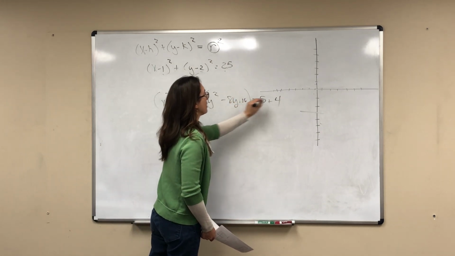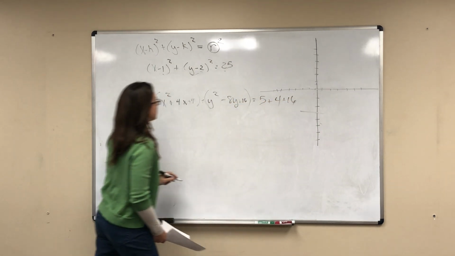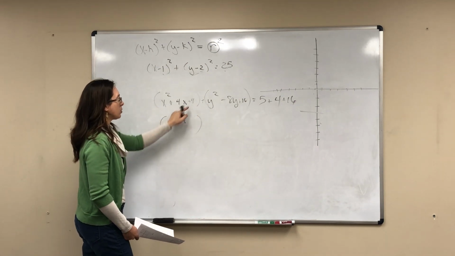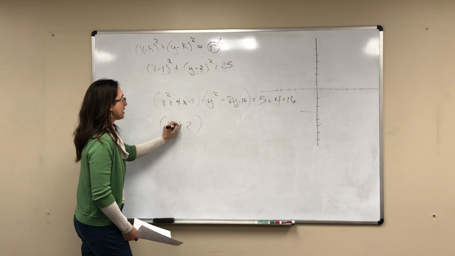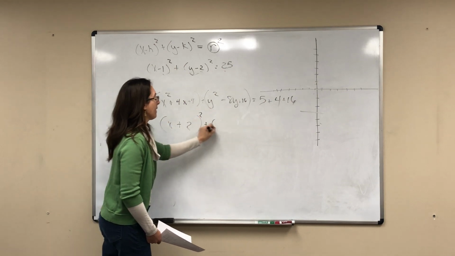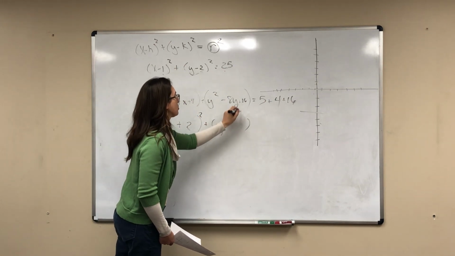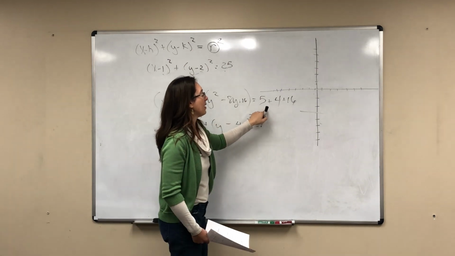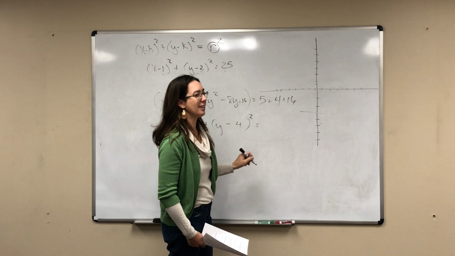Excellent. So now I have the square root of the x squared, the square root of the 4, use the middle sign. The square root of y squared, the square root of 16, use the middle sign. Now I've got 4 plus 16.